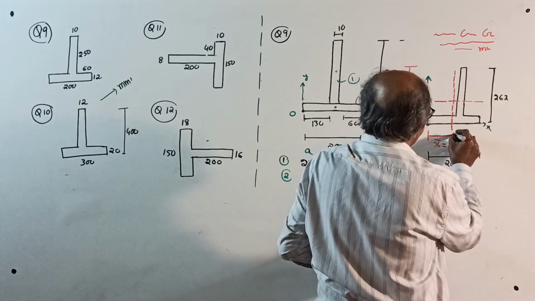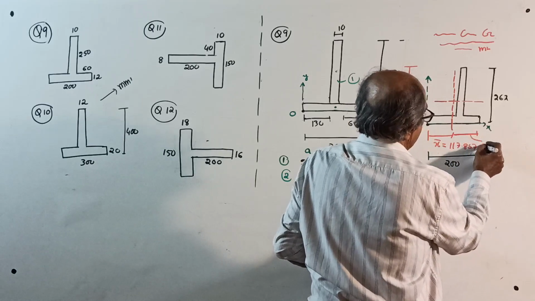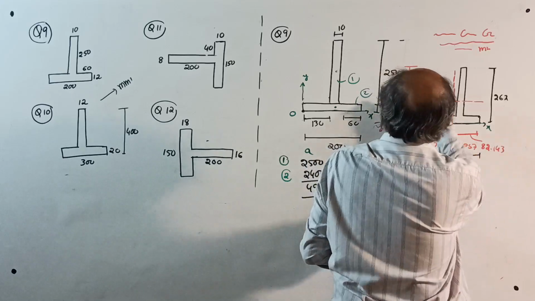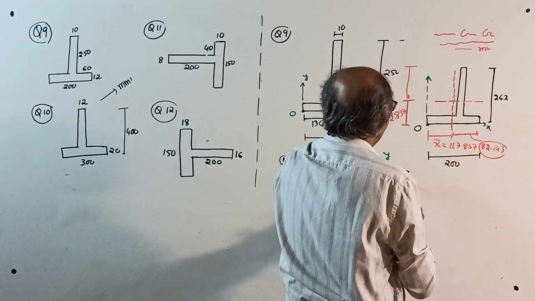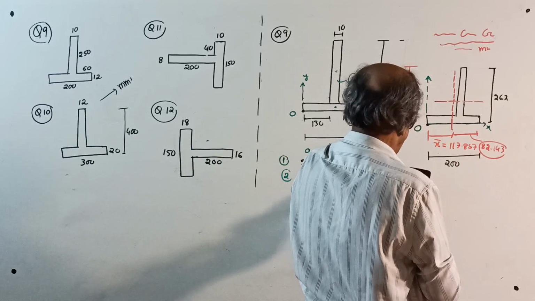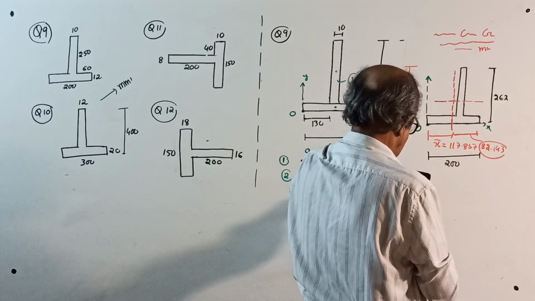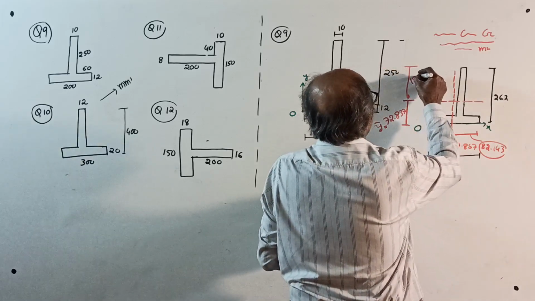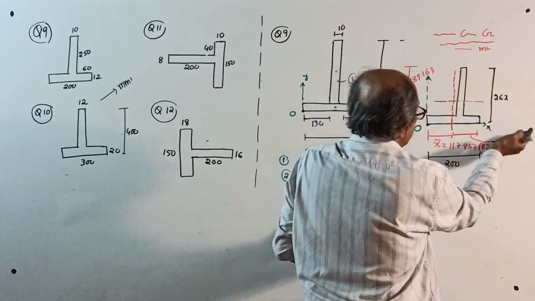Out of scale, actually not to scale, okay. This is 82.143, and that one calculated value, that is 262 minus 72.837 is 189.163.